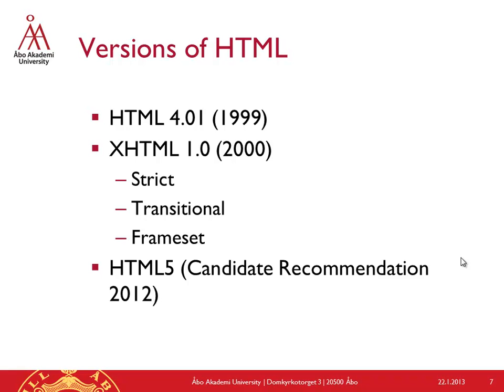The transitional version is less strict, so you are more free with this version. For example, you are allowed to use some tags which are not allowed in the strict version of XHTML. And the frameset version is used quite rarely because it provides the ability to use frames, which are usually not used in web technologies now.